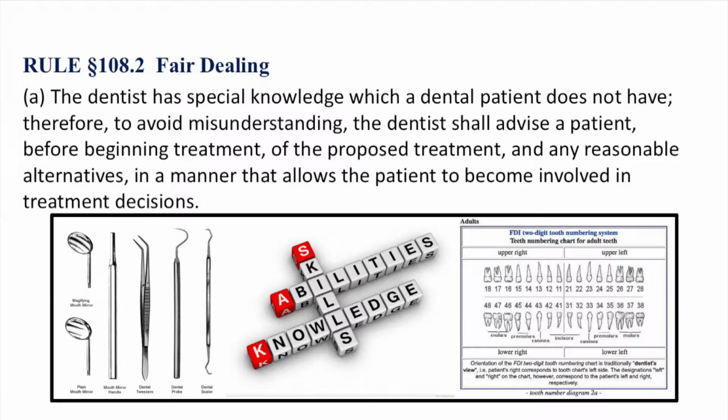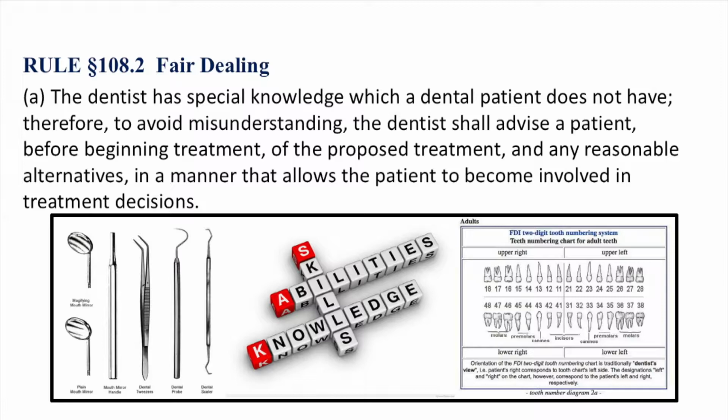If you have reviewed Rules 108.7 and 108.8, you'll recall that in Rule 108.8, in record keeping, it is a requirement as part of the record to have a treatment plan.